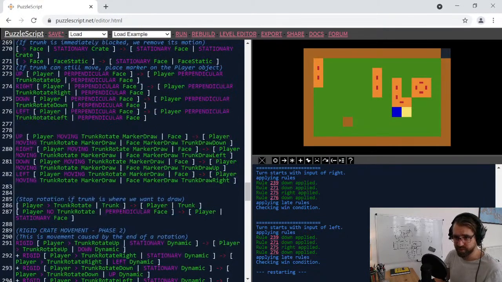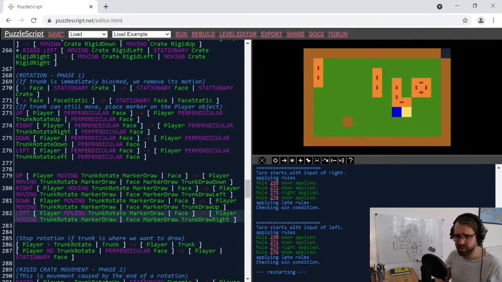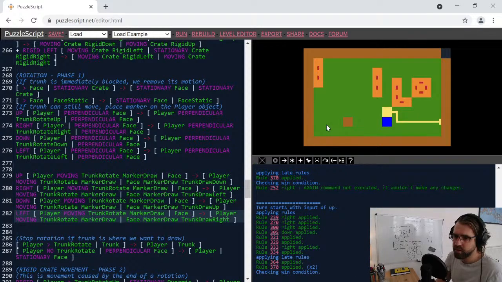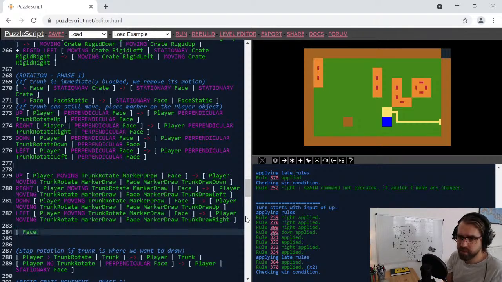Okay, so instead, what I'm going to do is, as we rotate, I want to know, is there a, from the face, whichever direction the face is moving and rotating, which I know is happening if I do marker draw.